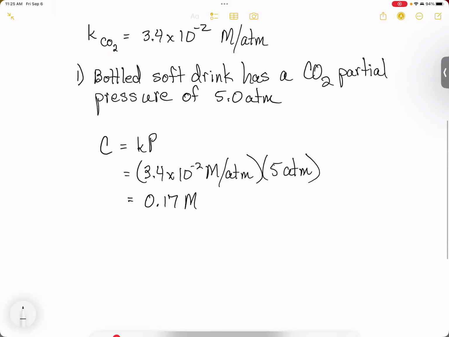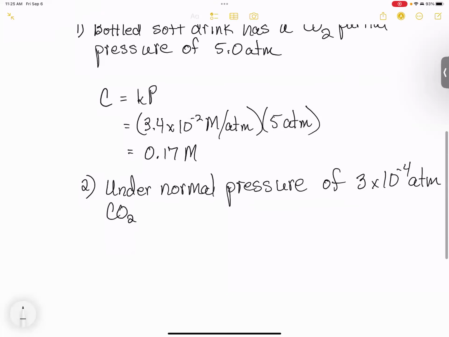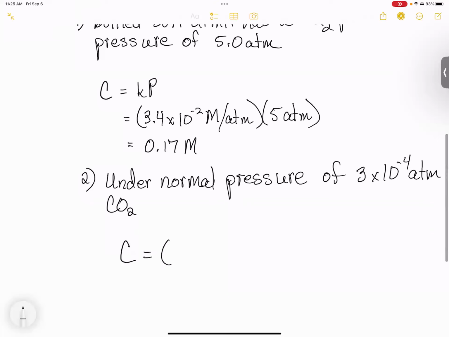Now, when it is under normal pressure, of 3.3 times 10 to the minus 4 atmospheres CO2, then the concentration is equal to the 3.4 times 10 to the minus 2 molar per atmosphere times 3 times 10 to the minus 4 atmospheres.